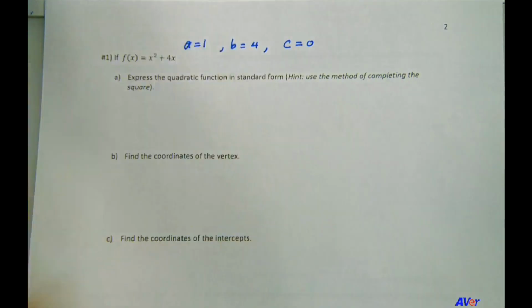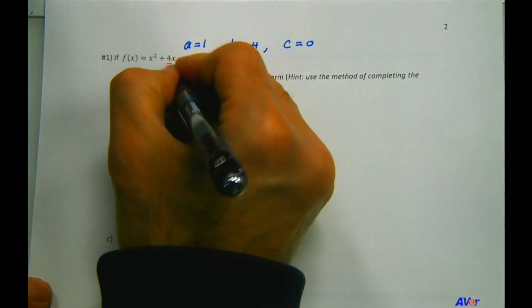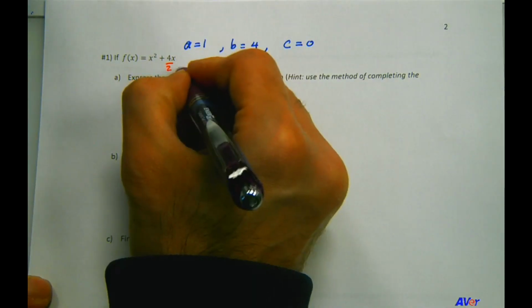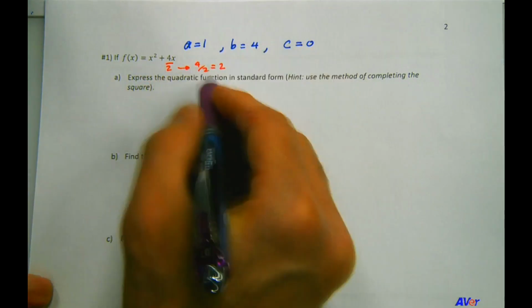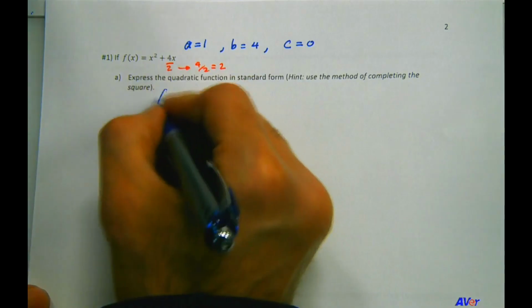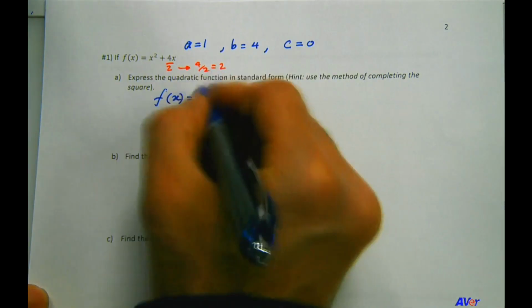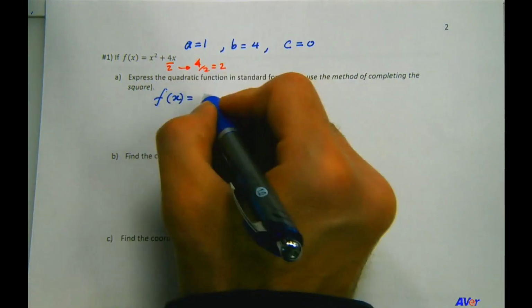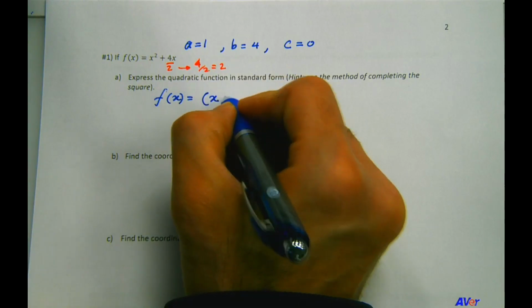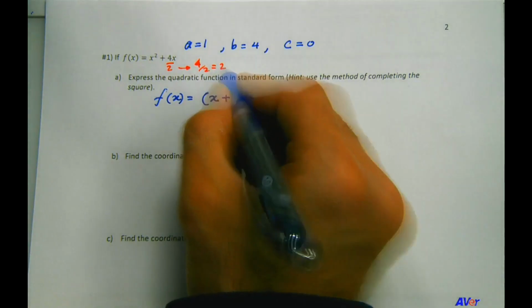So if we divide that by 2, we get 4 divided by 2 equals 2. So we can immediately complete this square by saying x plus 2, that 2 is that one.